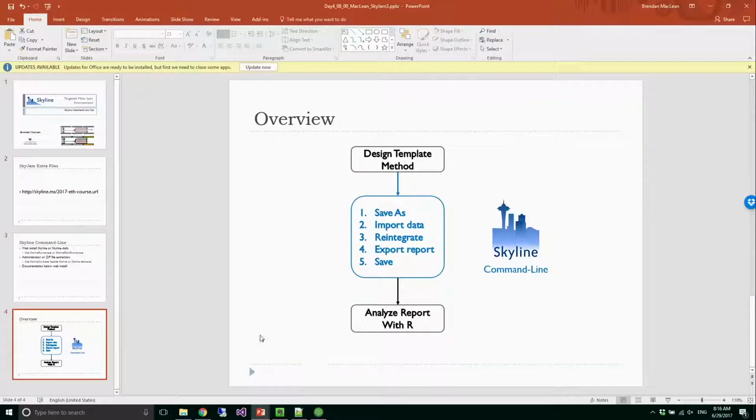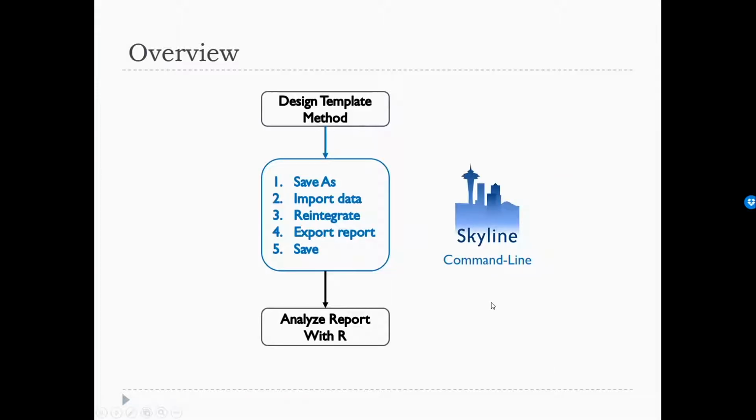We're going to get back to that. This is the last slide in this thing. So we export the report. This is what happens inside of each individual run. And actually, now that I'm thinking about it, I just created this slide this morning, and I put a loop here so that you could do as many of these as you want. Actually, the analyze in R happens in that individual run too.